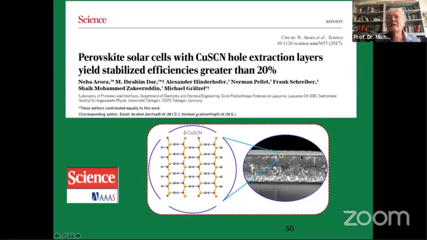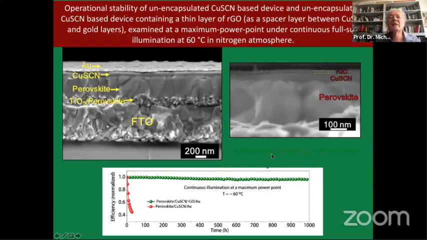And then this is the gold on top and copper thiocyanate hole conductor. And by protecting the gold, so here you see the structure again. This is our glass, then comes the TiO2 infiltrated nanocrystals, and then the perovskite itself, the capping layer, and then the hole conductor and gold.